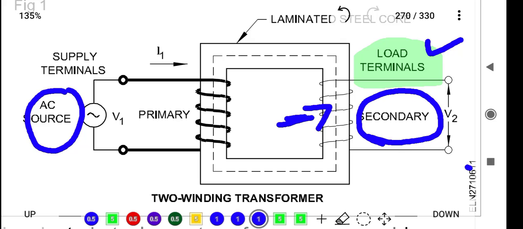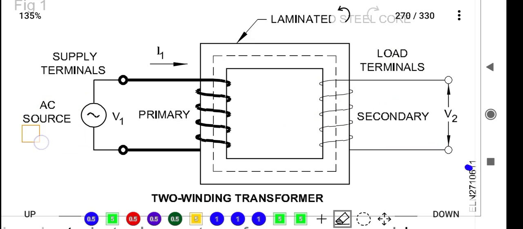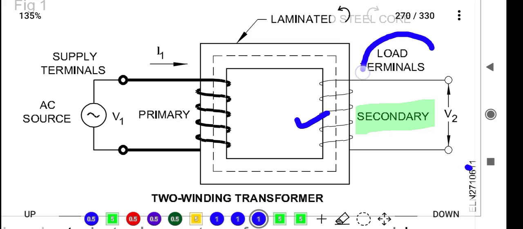This concept is clear. This is very important, right? Next, what will the secondary winding do?